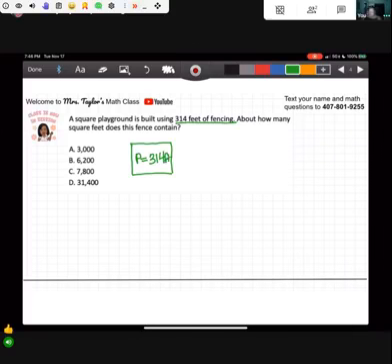Okay? In order to calculate the perimeter of a square, you add up all 4 of the sides. So really you have x plus x plus x plus x is equal to 314, because in a square, all the sides are the same length, so you can name them all x. This is going to be 4x is equal to 314. Divide both sides by 4.